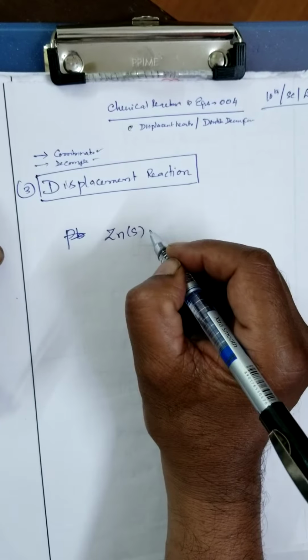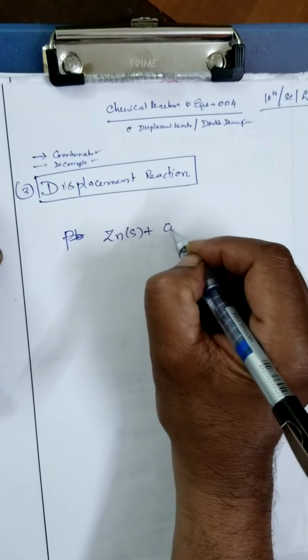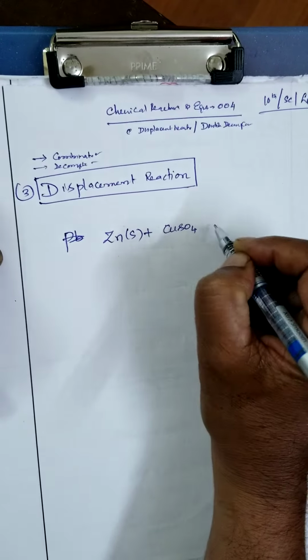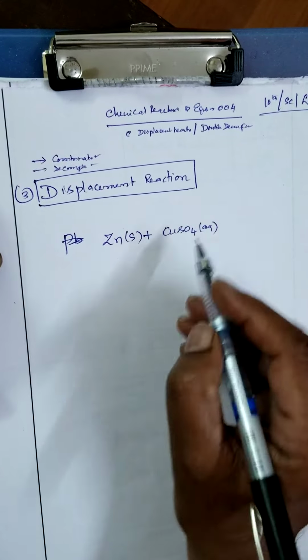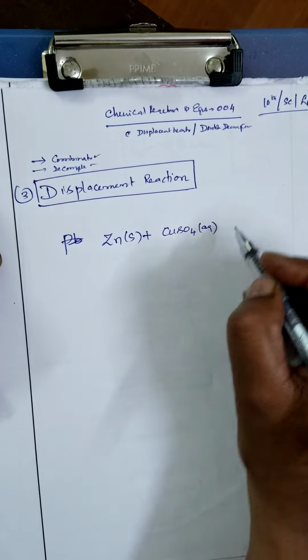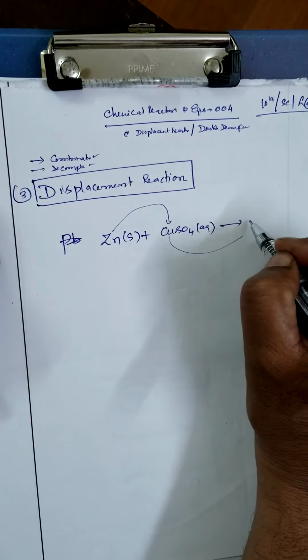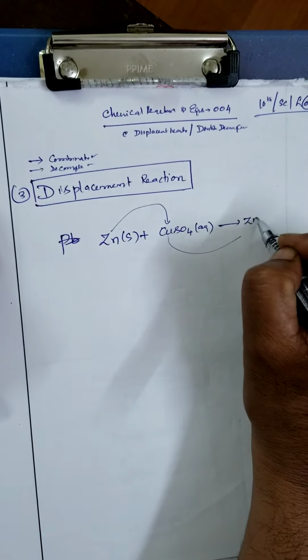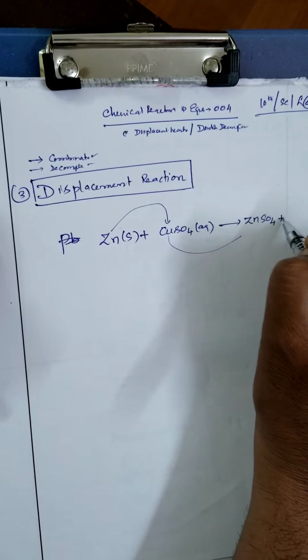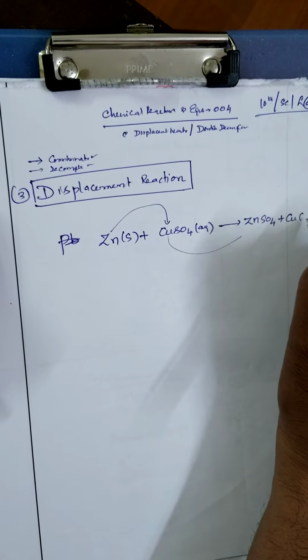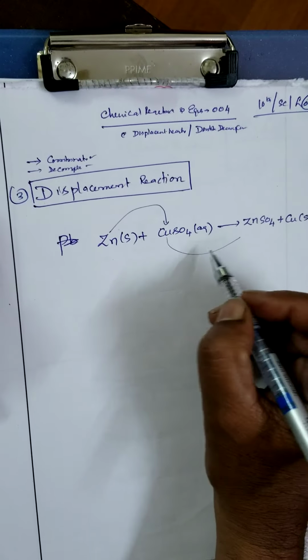When it's combined with cuprous sulfate solution, what will happen? Zinc displaces the copper, right? In place of copper, zinc will come and sit there and throws off the copper.